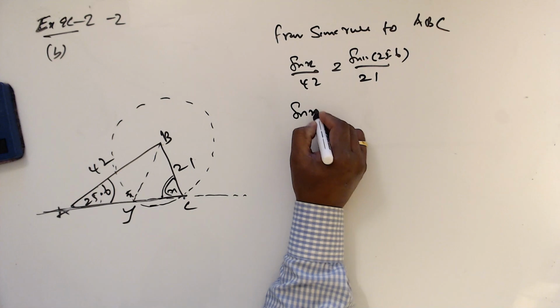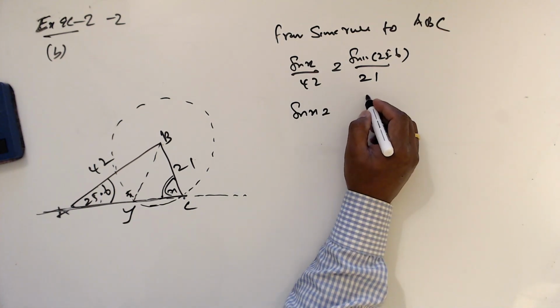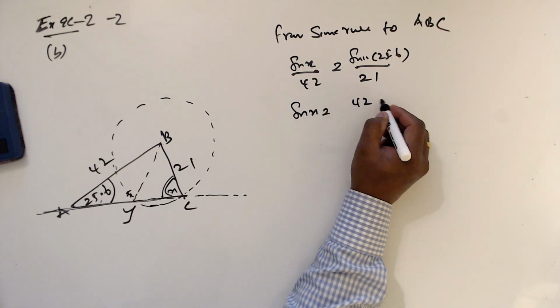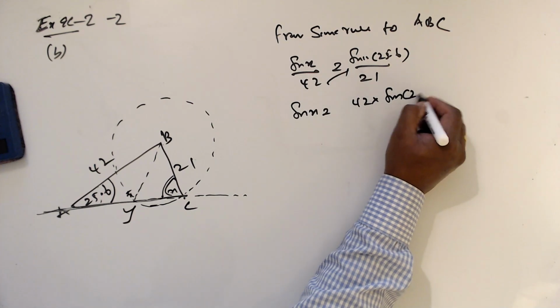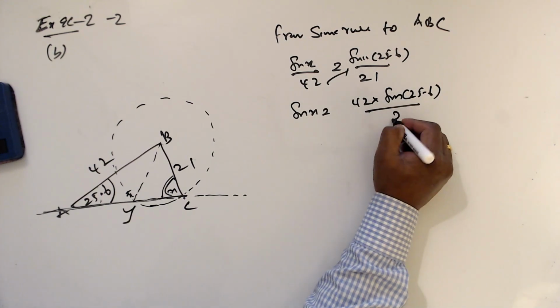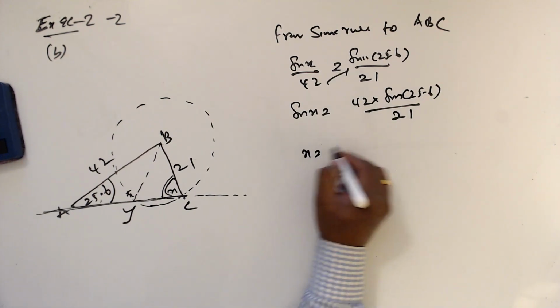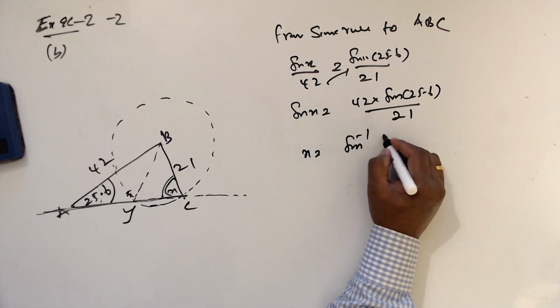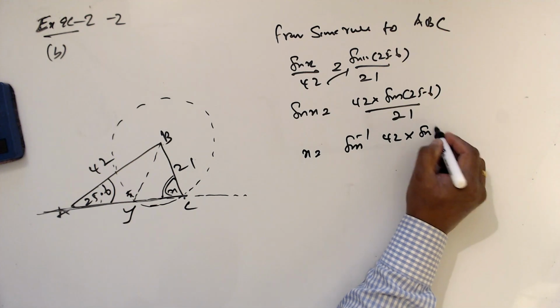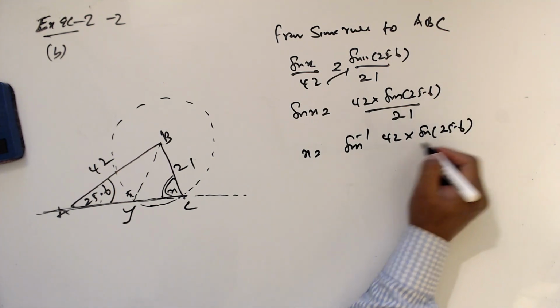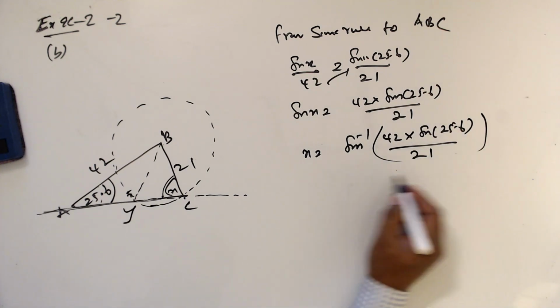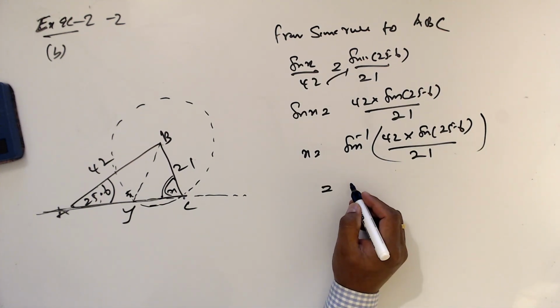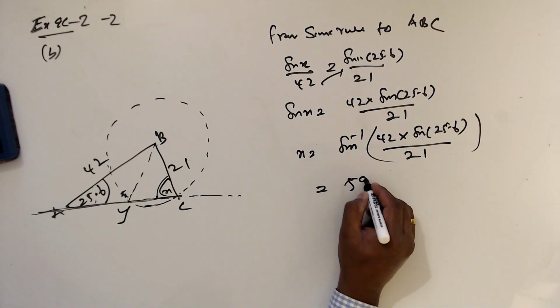So sine x equals 42 multiplied by sine 25.6 over 21. x equals sine inverse of 42 times sine 25.6 over 21. This value is going to be 59.8.